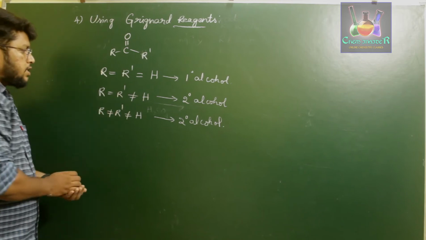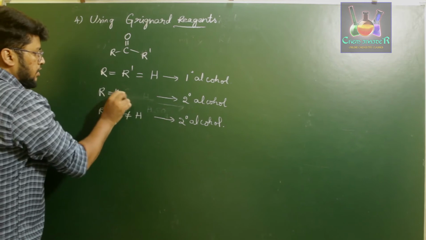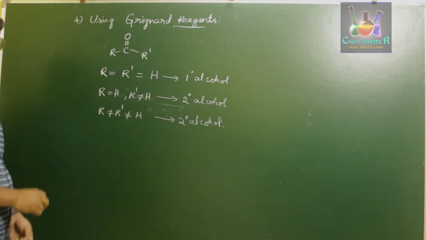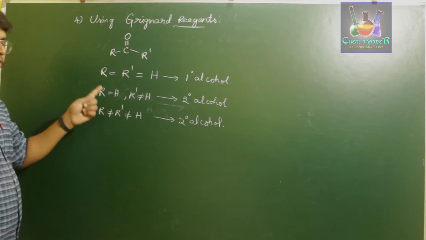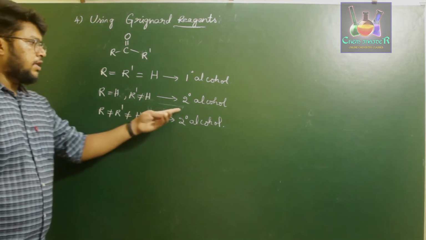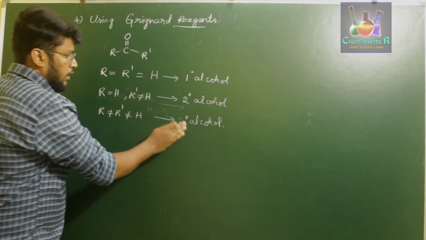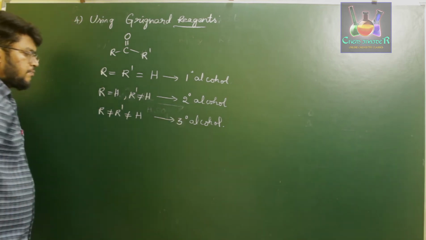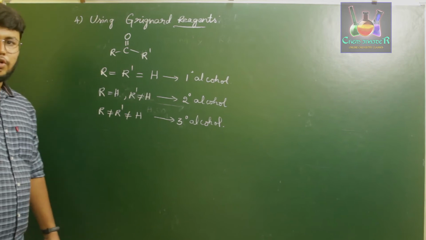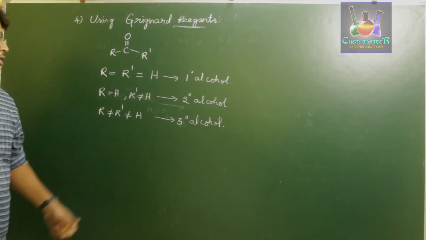If R is a hydrogen and R prime is not a hydrogen, then that gives us a secondary alcohol. If R and R prime both are not hydrogen, then they give us a tertiary alcohol. We'll understand this concept while using some examples.